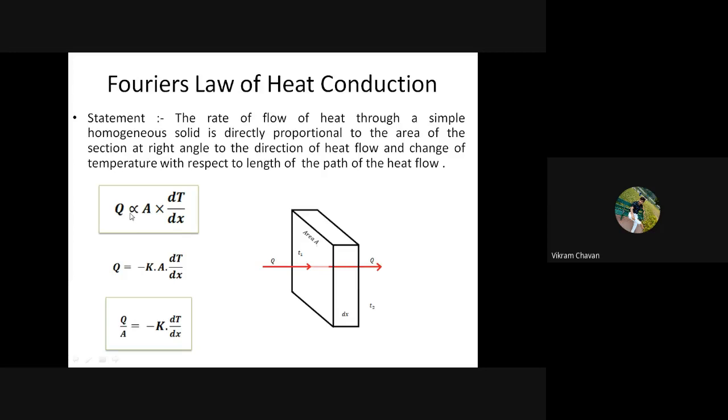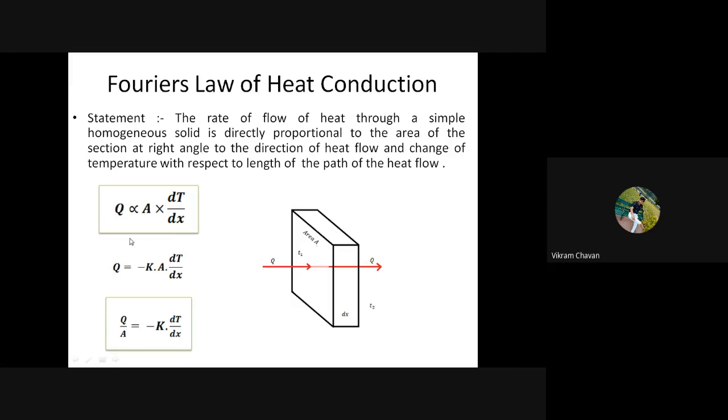So write down, Q is directly proportional to capital A multiplied by dt divided by dx.